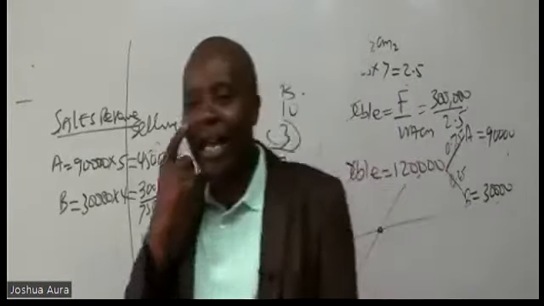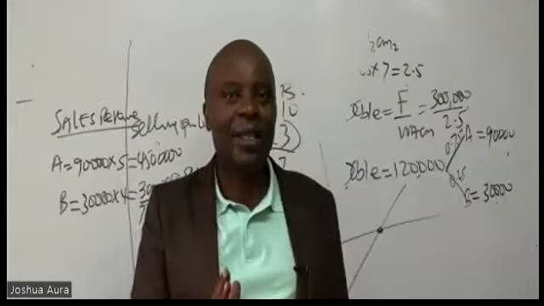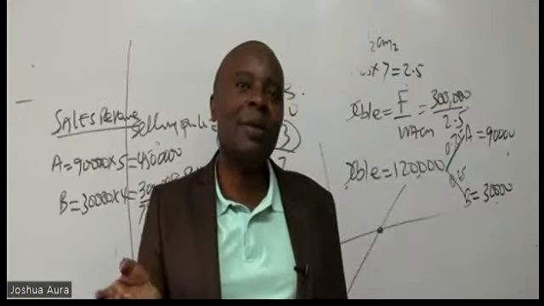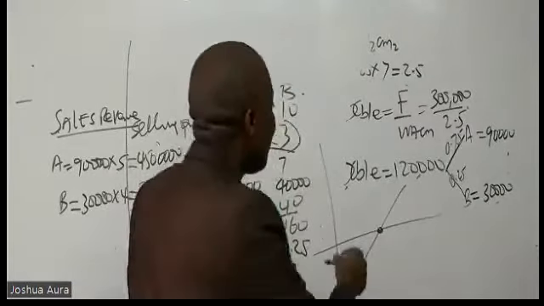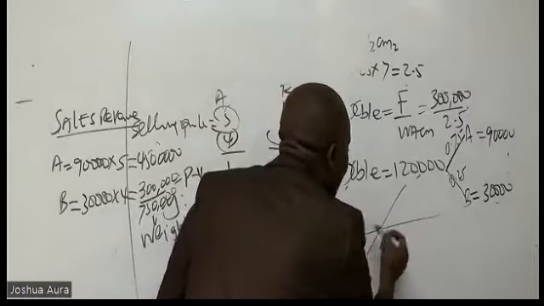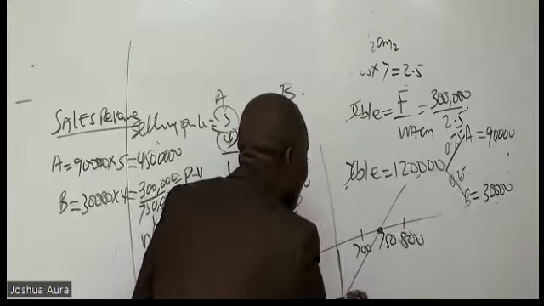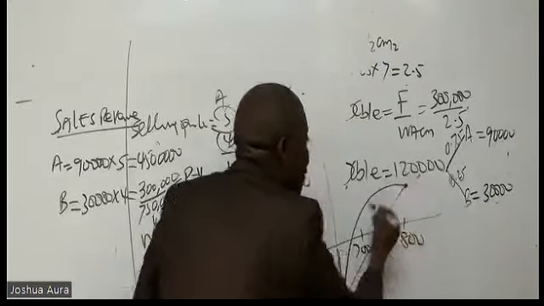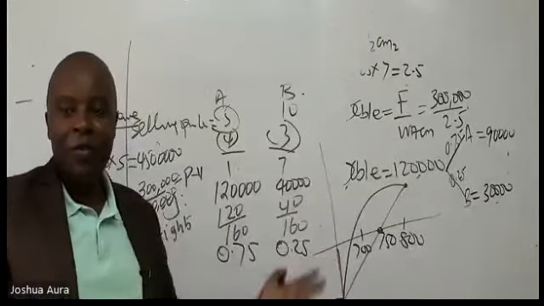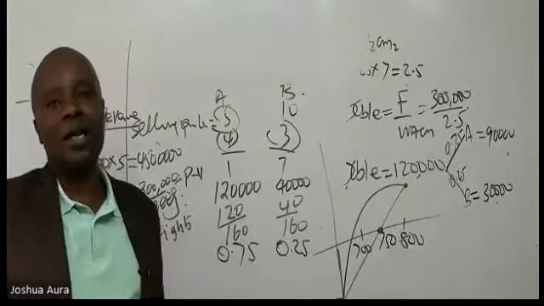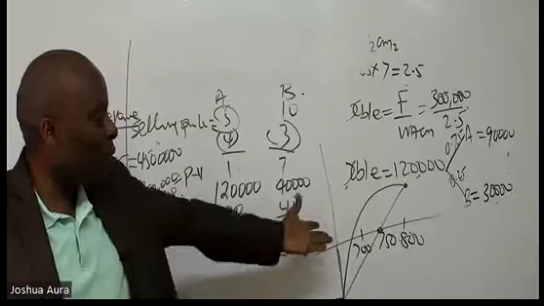I've seen students who are very bright. They know that sometimes some of these examiners don't even look at what happens. So if they're not able to draw at all, a student puts 750 here, 700, here we have 800, and then draws a graph like this. This guy may end up getting all the marks. Instead of leaving a question blank, you are better off doing something like this.